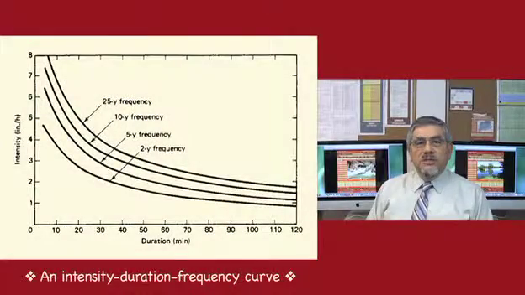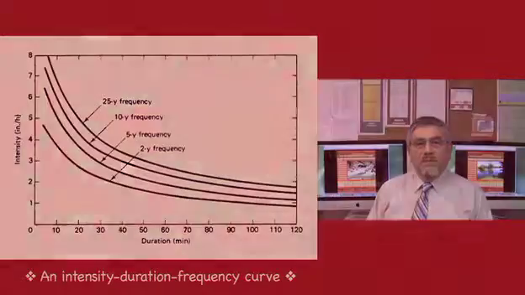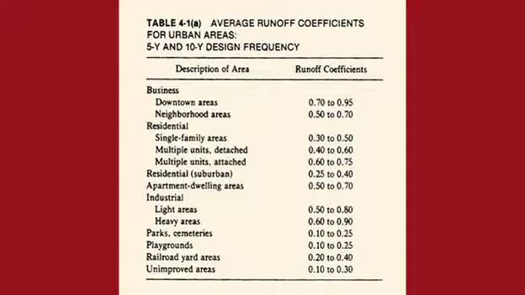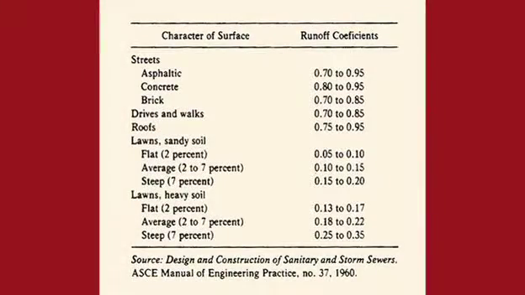The rainfall intensity is obtained from an applicable intensity duration frequency curve. The runoff coefficient applicable to 5-year and 10-year frequency is obtained from an appropriate table or from local experience. In practice, runoff coefficients vary with rainfall intensity and frequency.